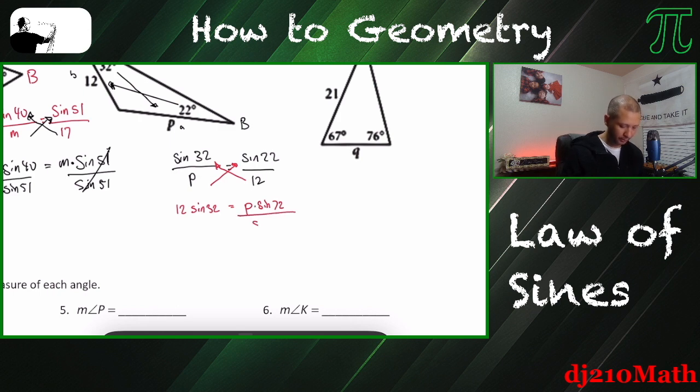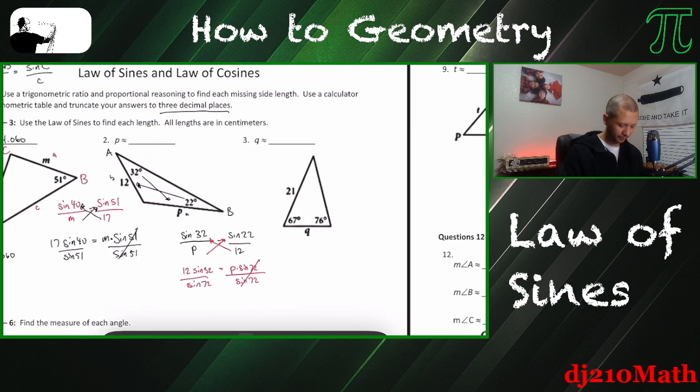We're going to divide both sides by sine 72. Right hand side, it cancels. So p is going to equal 12 sine 32 over sine 72. This is going to be 6.686.